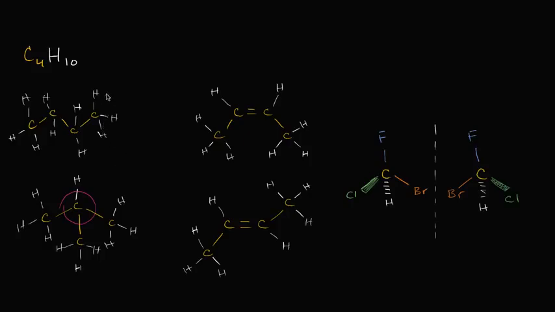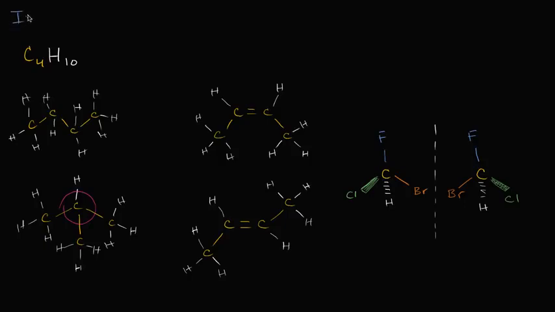And so when you have the same constituent atoms, the same chemical formula, but you're still dealing with different molecules because of either how their bonds are made or what their shape is, we call those isomers.